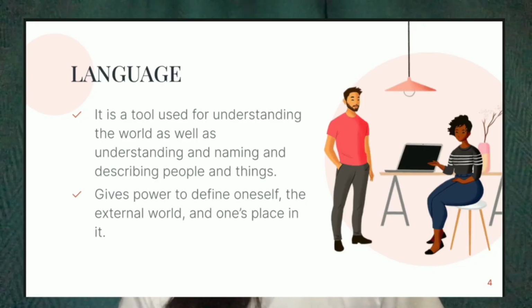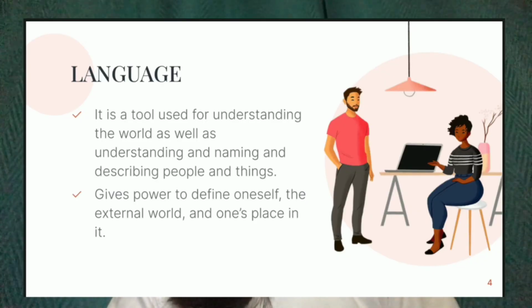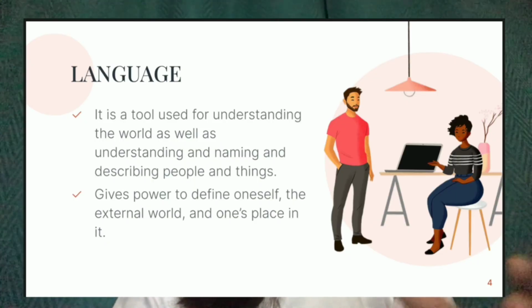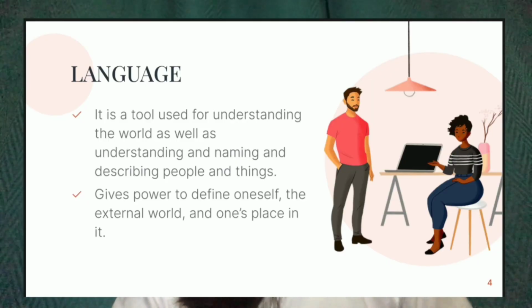In order for us to define gender, like for example to define what is feminine, what is masculine, and what is outside the feminine and masculine, we need language. Language is a tool used for understanding the world as well as naming and describing people and things. This also gives us the power to define oneself, the external world, and one's place in it.